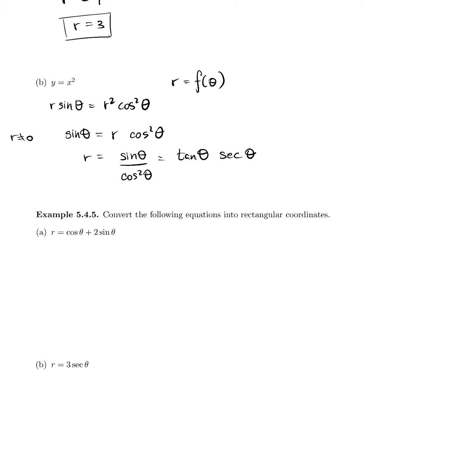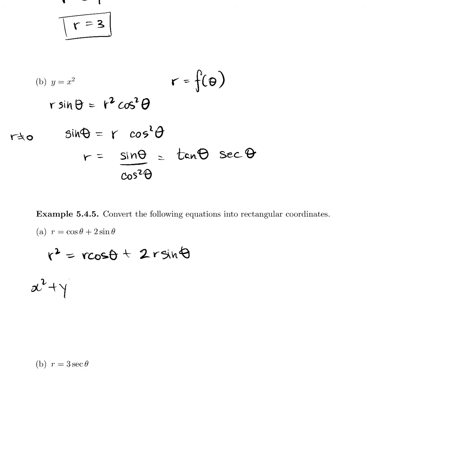We have the relationships above that involve r squared as x squared plus y squared. So I'm going to multiply both sides by r, which is actually kind of nice on the right-hand side as well, because then we get the relationships r cos theta and r sine theta, which we should remember from up above.